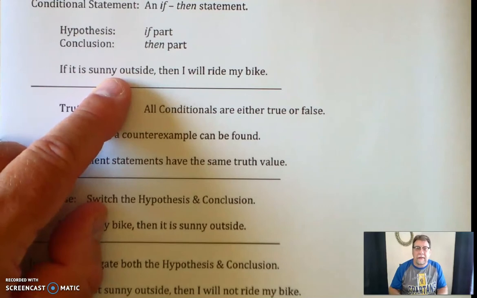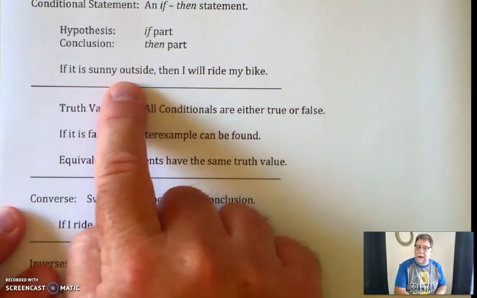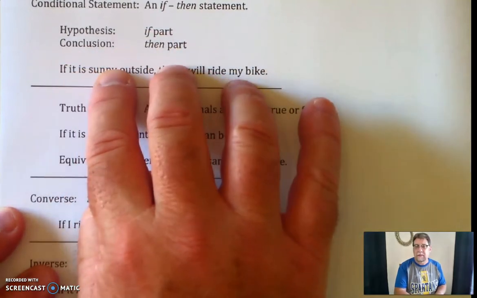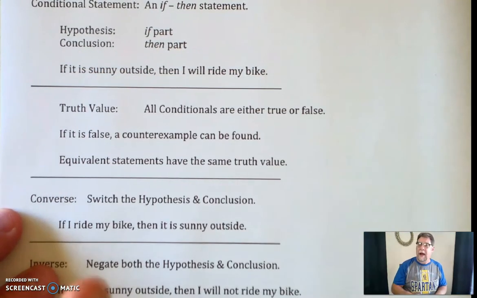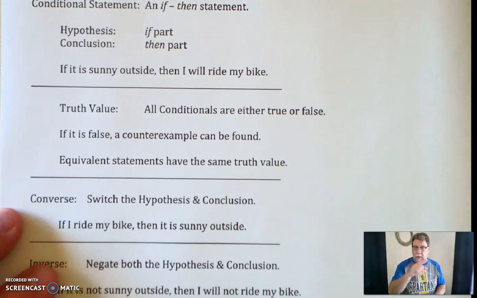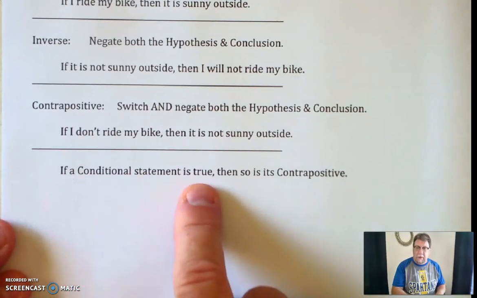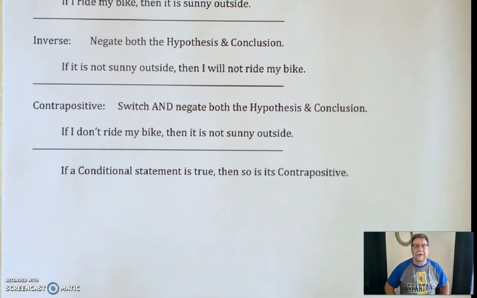Well, it mustn't have been sunny, because I definitely ride my bike on sunny days. Again, this says nothing about other days. But if I didn't ride, you know it wasn't sunny. So if a conditional statement is true, so is its contrapositive. And there's your notes for section B2.